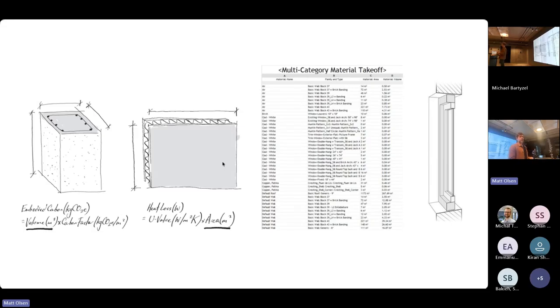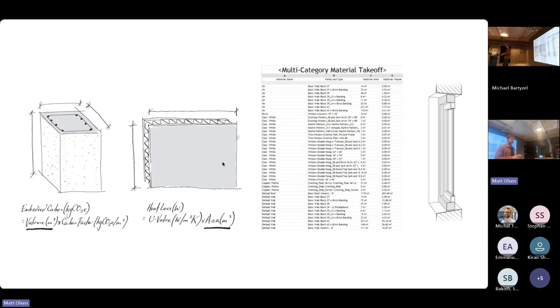So the area and thickness of insulation in a wall can be used to estimate heat loss on a facade, for instance. The volume of concrete used in columns and slabs can be used to inform embodied carbon calculation.